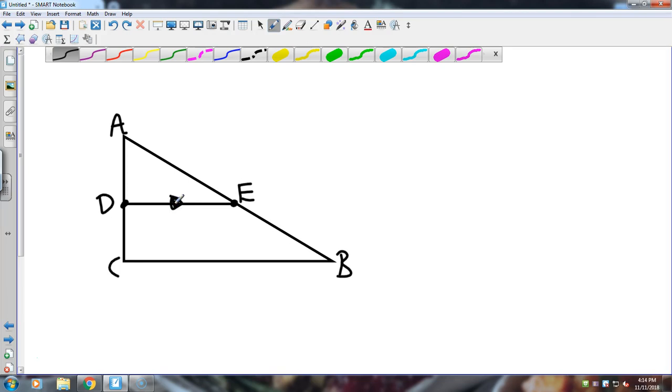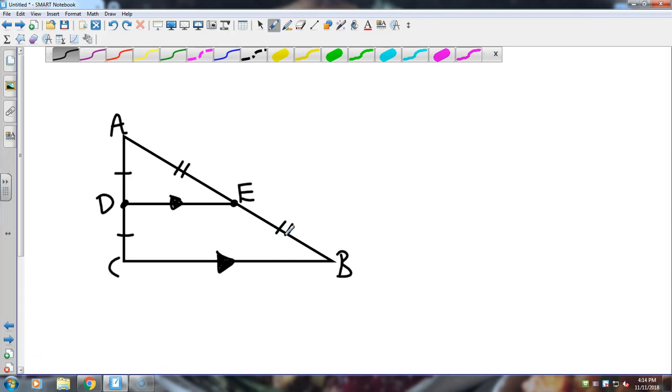DE would be parallel to CB. And so an interesting little feature of the midsegment is that it creates those two opposite parallel sides, which again still makes this congruent to this, and then AE is congruent to EB.